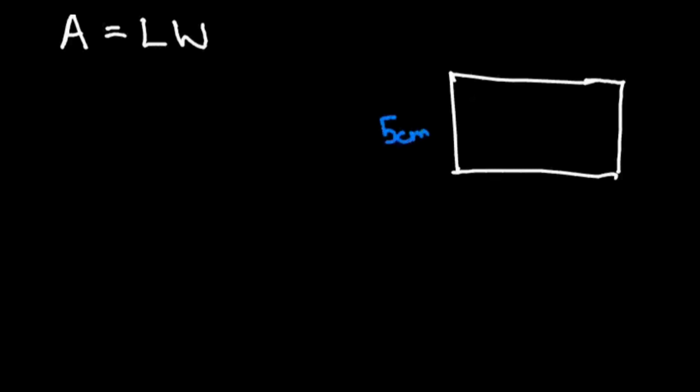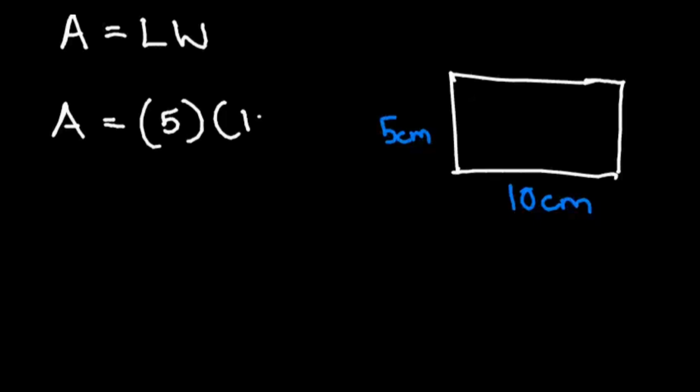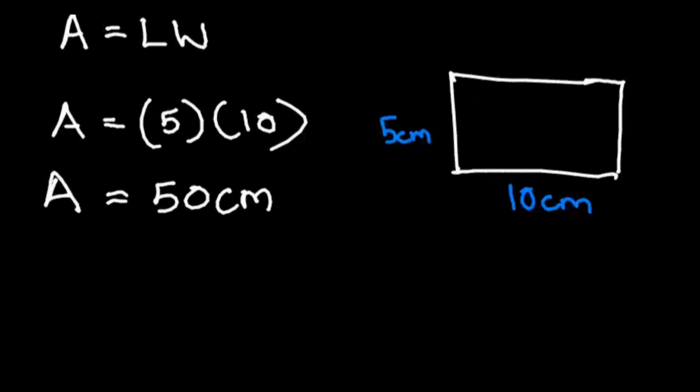Okay, now let's assign this rectangle some values: 5 for the width and 10 centimeters for the length. Now that we know this, I'll give you an example of how this formula works. We just input the values into the formula. So area equals 5 times 10, which is 50 centimeters.